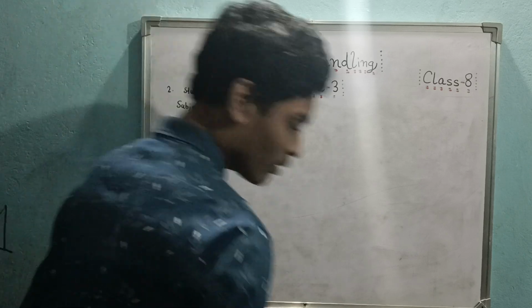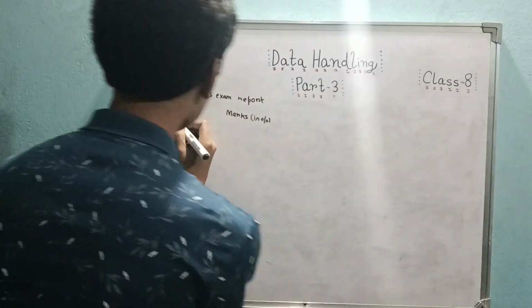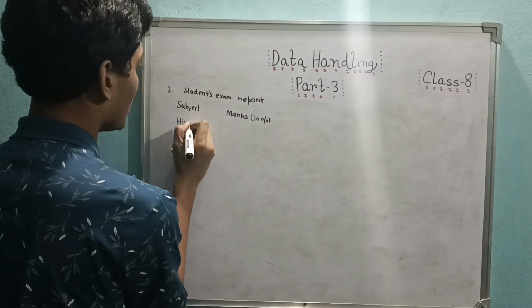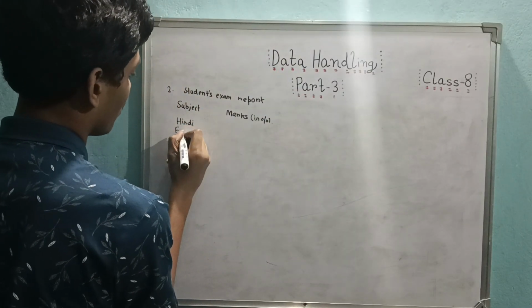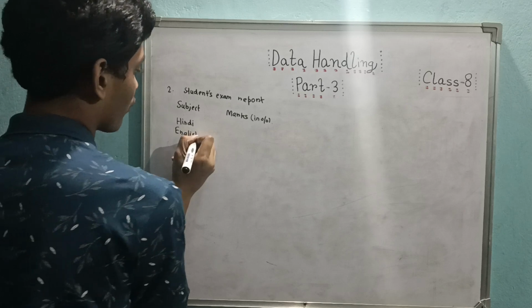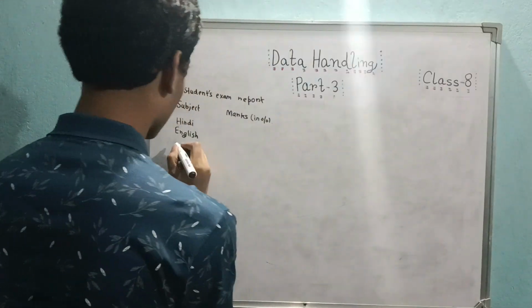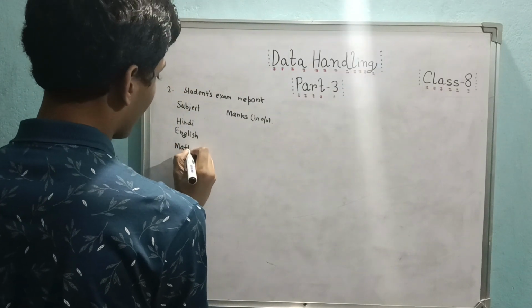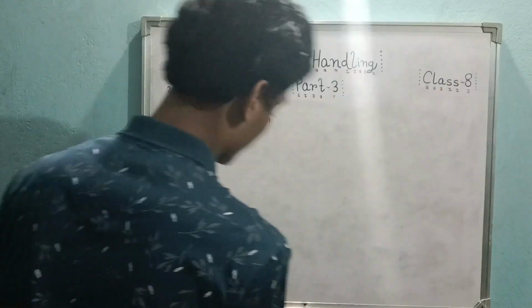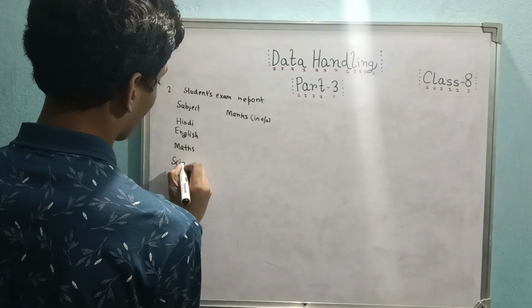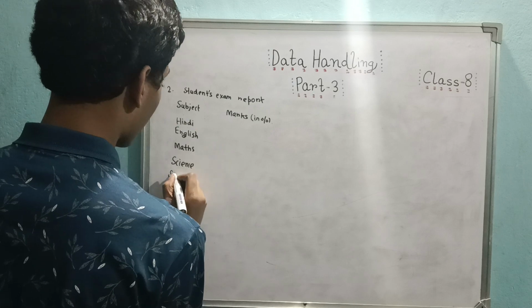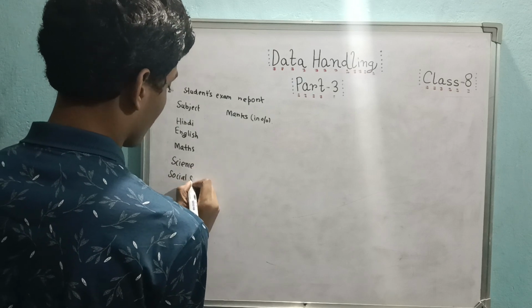The subjects are Hindi, English, then maths is also there, I hope. Yes, maths, science, and social studies. These are the 5 subjects on which the respective student gave the exam. Got it?